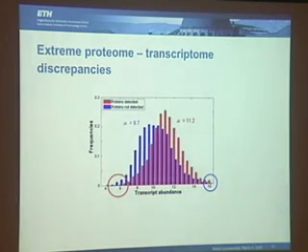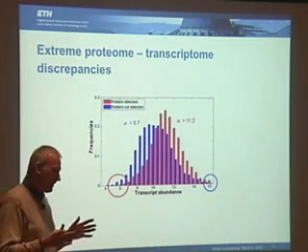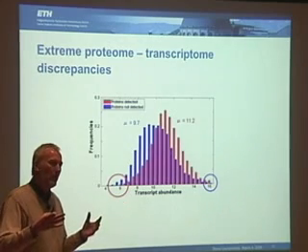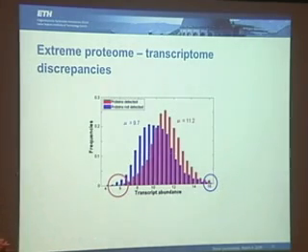Then the last point that I just wanted to bring up here is something we call extreme proteome transcriptome discrepancy. So often when you do proteomics, it's very difficult, because of the dynamic range and the number of other parameters, to find all the proteins. But when we compare the proteins that we have identified and the proteins that we have not identified that you can predict based on the genome annotation, and we correlate that with transcript abundance, then you get specific curves.